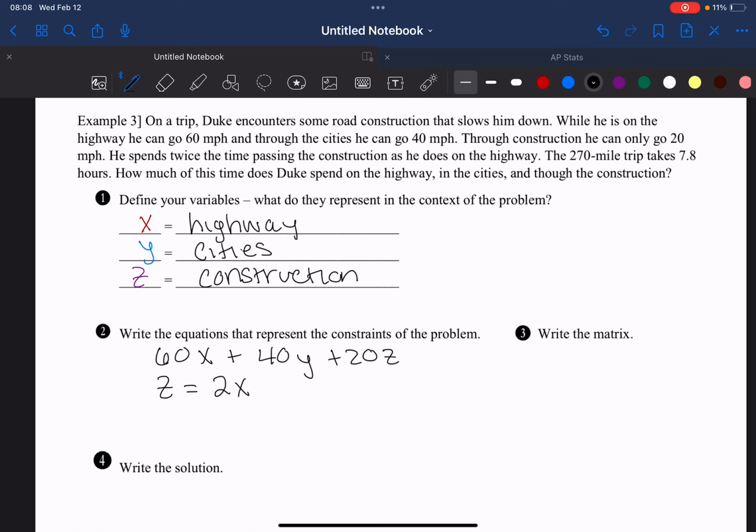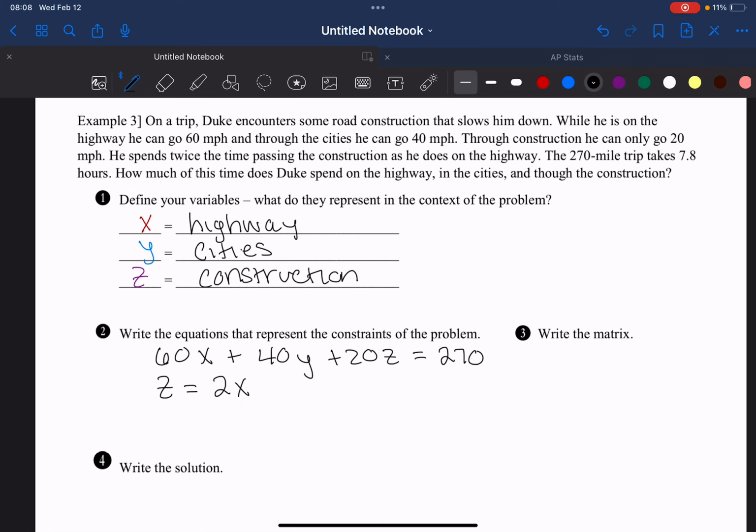The 270-mile trip takes 7.8 hours. Okay, so from here, we can say that this first equation is equal to 270 miles, because each of these are the speeds that he is going through each of the highways, cities, and constructions.